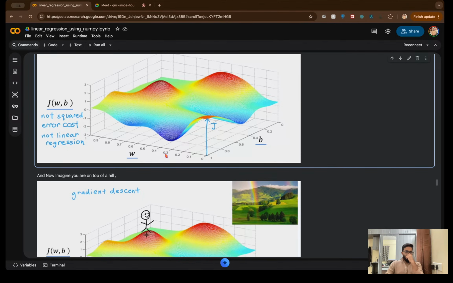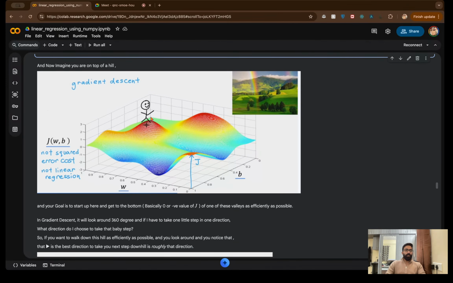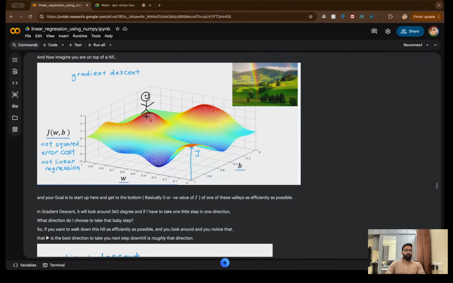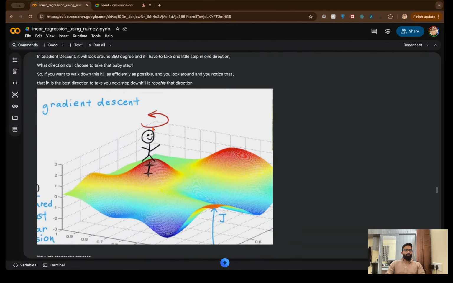Let's say we are at this point. Now imagine this is a hill, a plane of the cost loss function. I am at the top of the hill where the loss function is high. What I will do is take a 360 degree turn and see in which direction I should move so that I will go lower.